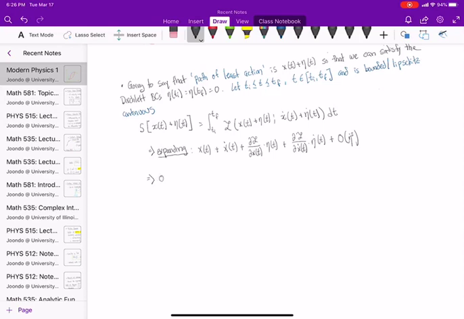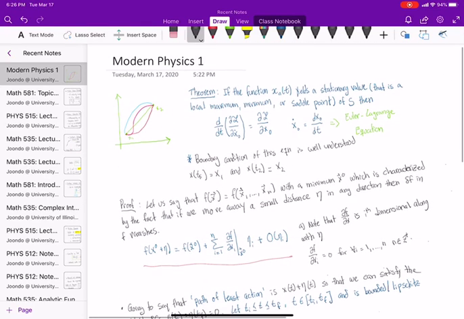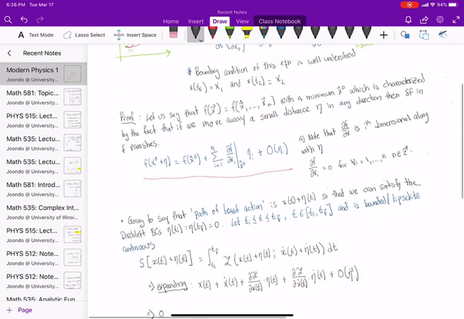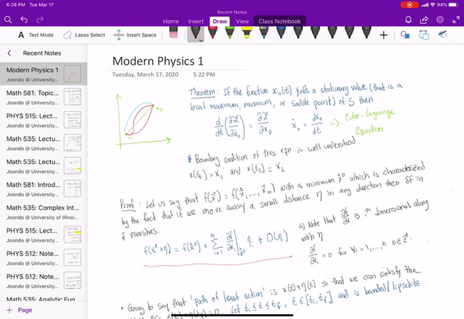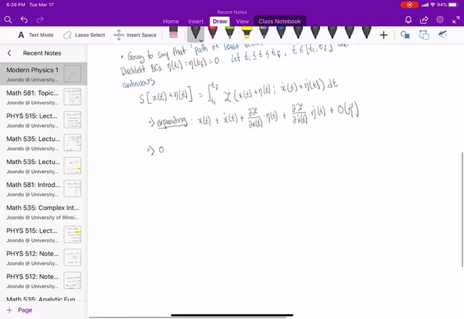Because the integral of the action has to be zero for these cases, because that's what we're trying to prove. If we took the minimal distance, then the integral between the initial and the final time is going to be zero in physics by the very basic law of physics.